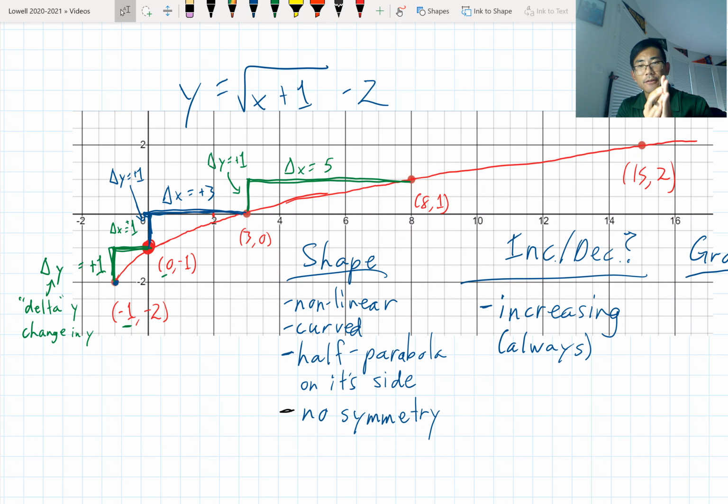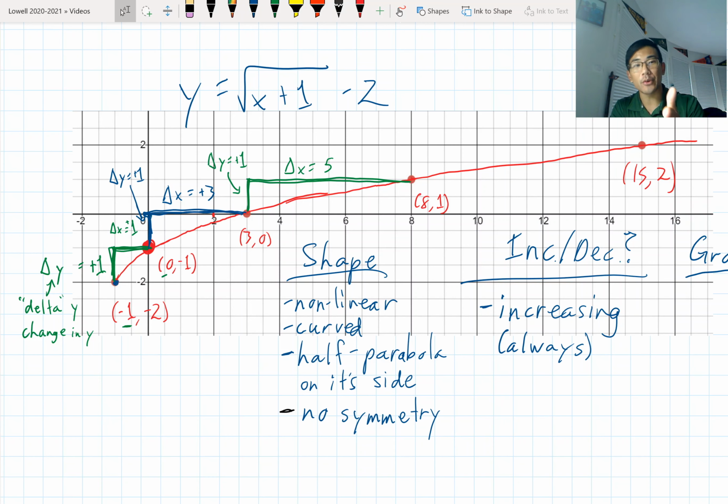Well, at first, I only need to take one step in the x to go up 1 y. The next one, to make even just that tiny change of plus 1, how far did I have to go horizontally? I had to take 3 steps. So I'm going up slower because it's taking me longer to go up by that same amount.